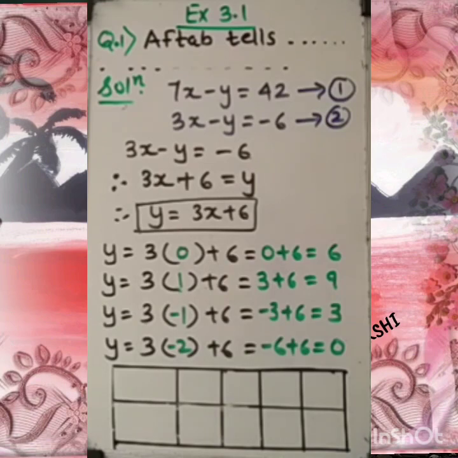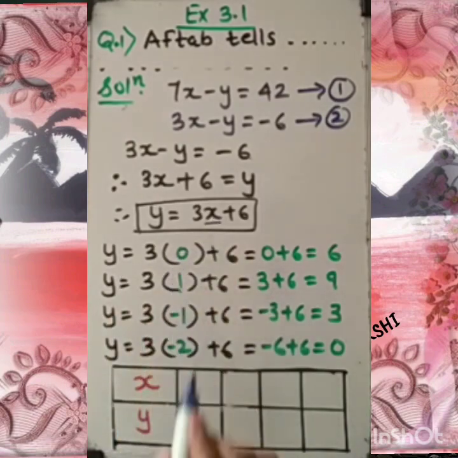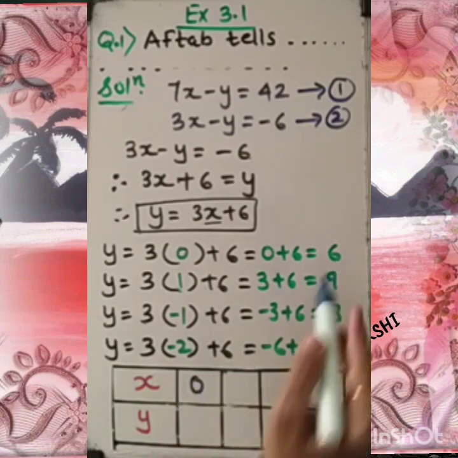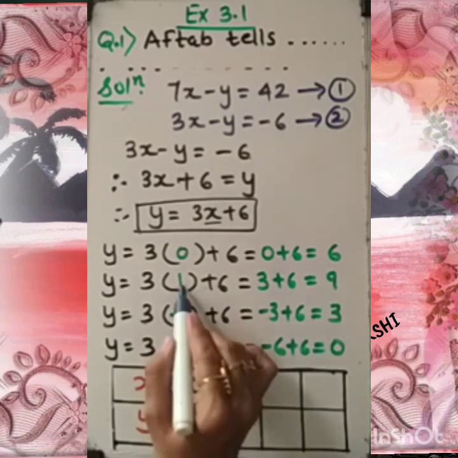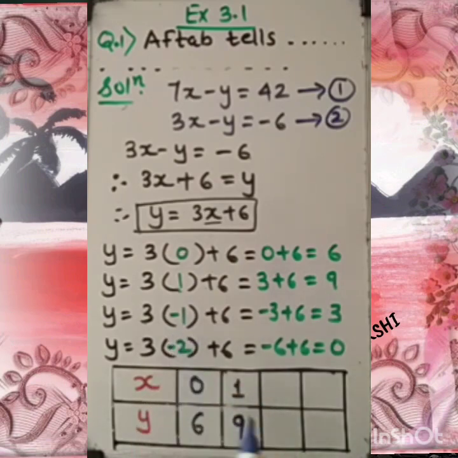Fine, so here we have x, and this is y. Let me note down the values we have here. For x we have taken 0, then y we are getting 6. Here we have taken 1, so here it is 9. Here minus 1, then it is coming 3, and for minus 2, it is coming 0.